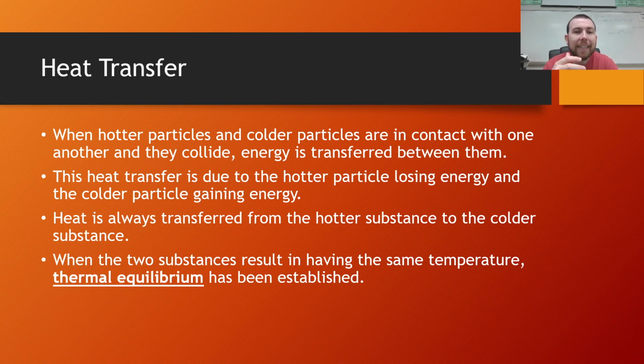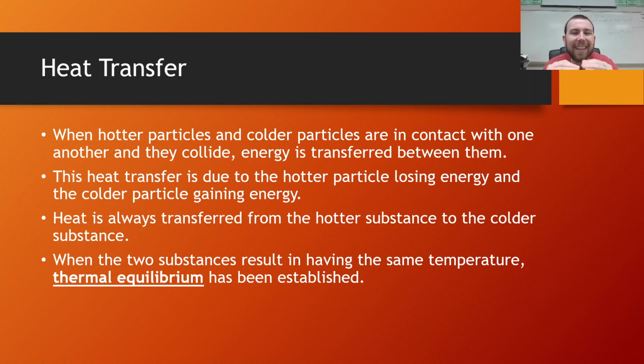Now, something unique that can happen is that if those substances are allowed to be in contact long enough, the two substances will eventually get to the same exact temperature, because the hot object continuously transfers energy into the colder one until they reach that point.